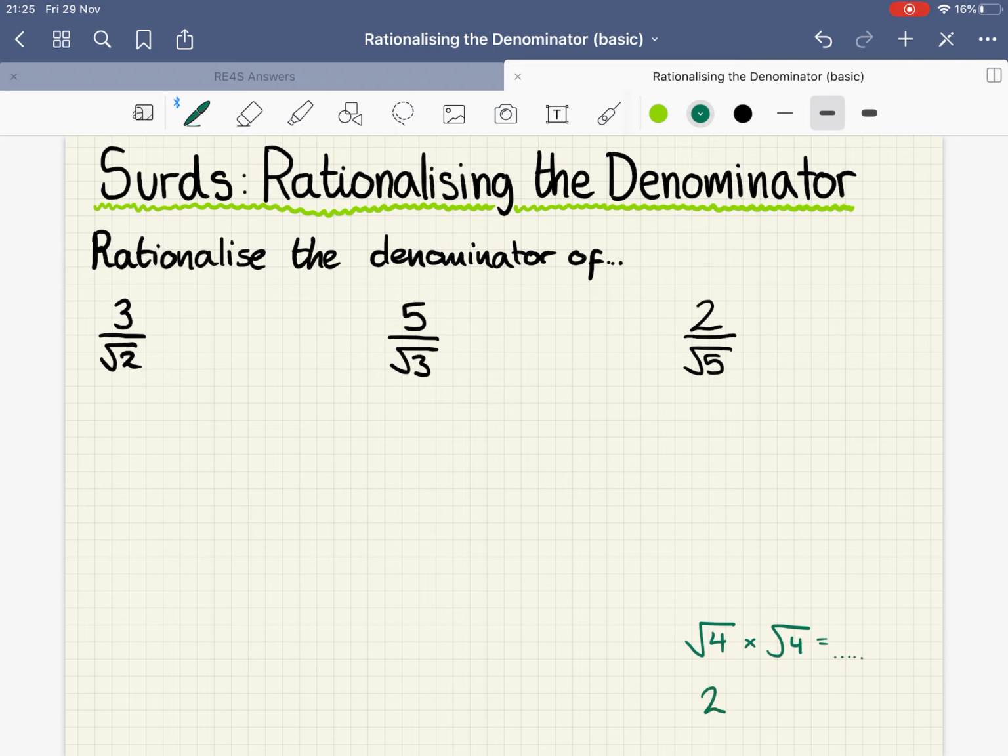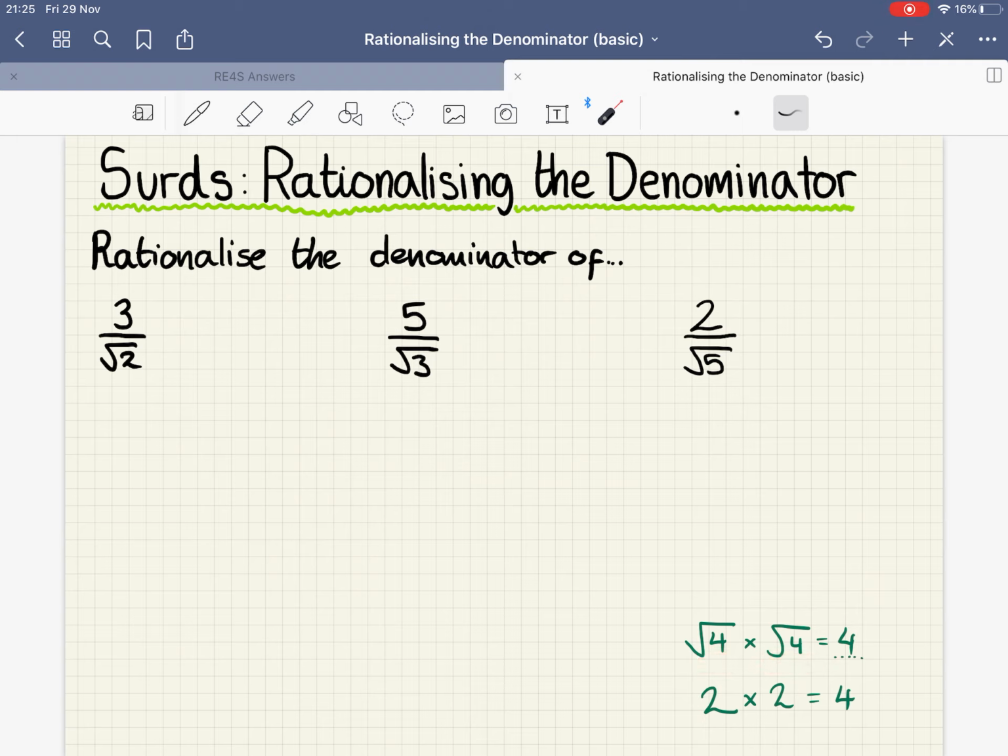Now the square root of 4 is just 2, so we've got 2 times 2, which we know is 4. So that means the square root of 4 times the square root of 4 is just 4.